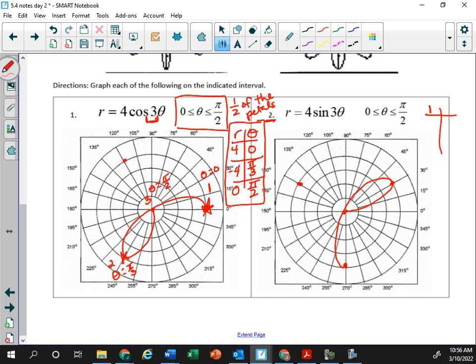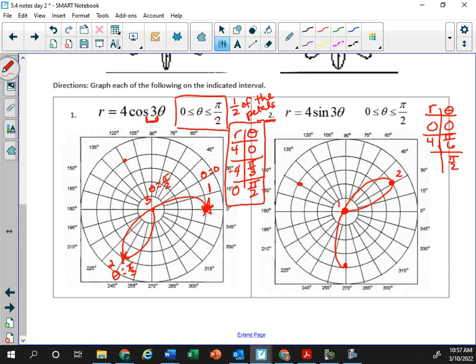If you actually did it between 0 and pi over 2, your first angle should have been theta being 0. And sine of 0 is 0, so the first point is the pole. Then let's say I did pi over 6. Plugging that in, 3 times pi over 6 is pi over 2. Sine of that is 1. 1 times 4 is 4. Second point is out here at the end of the petal. And then the last thing I'd plug in would be pi over 2.